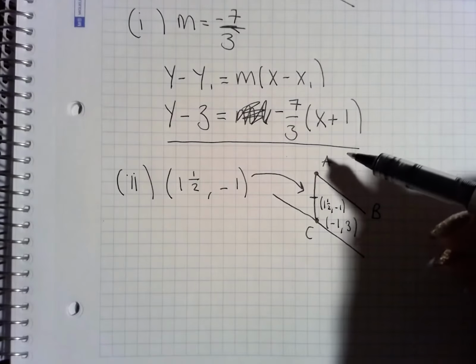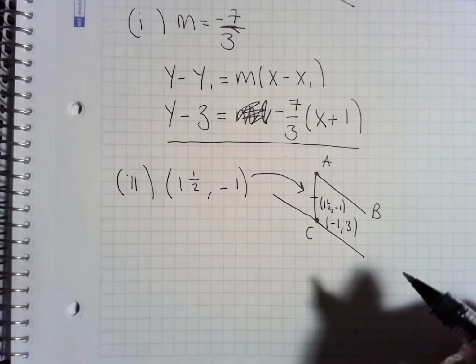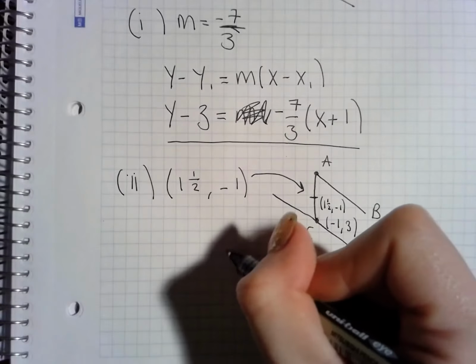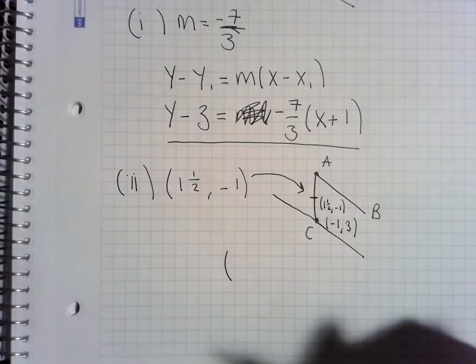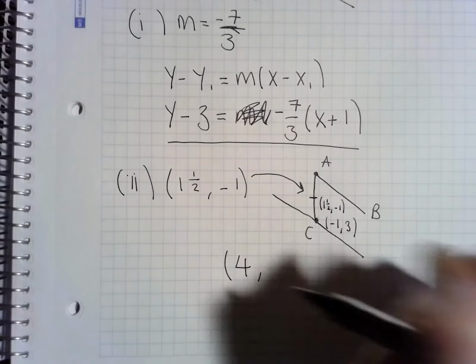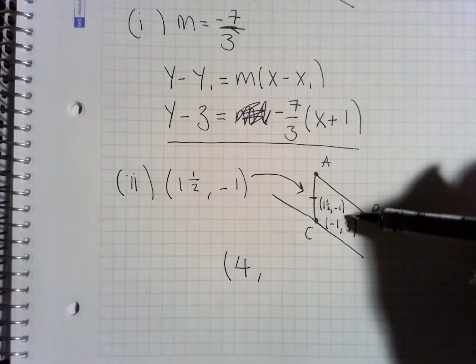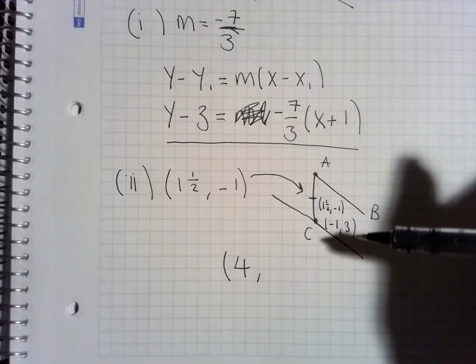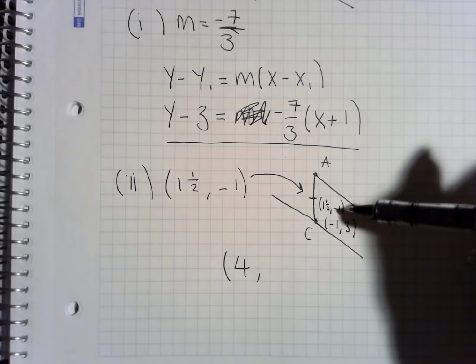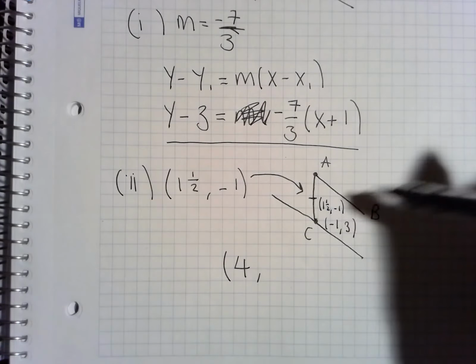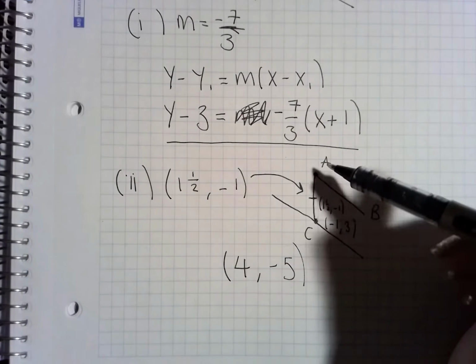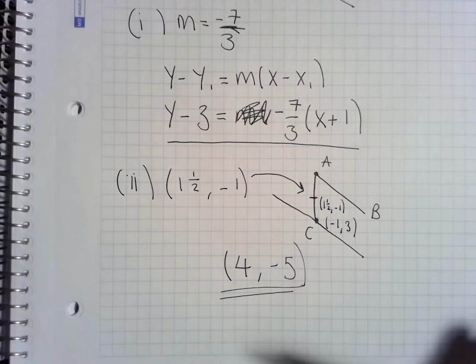So it needs to travel another 2.5 to get to A. So 1.5 plus 2.5 is 4. And this is obviously not to scale or anything like that, but the y coordinate 3 has travelled minus 4 to get to minus 1, so it needs to travel another minus 4 to minus 5, because that's halfway. And this is the coordinates of A.